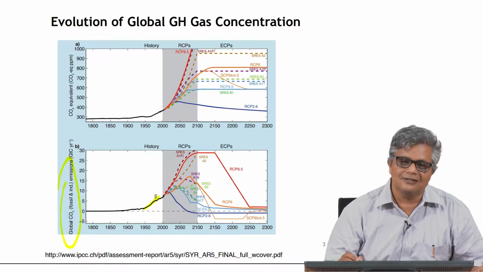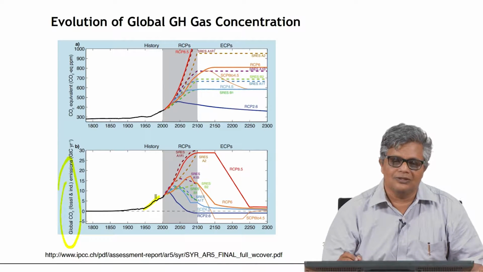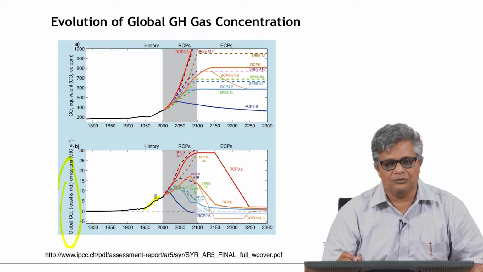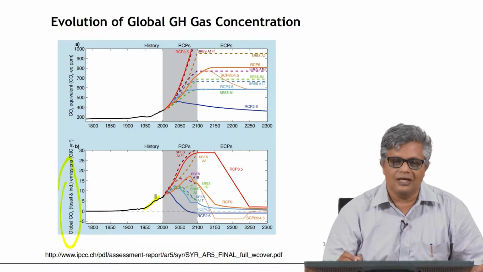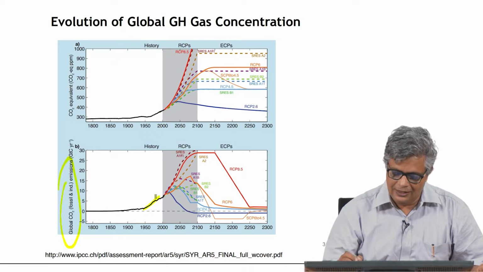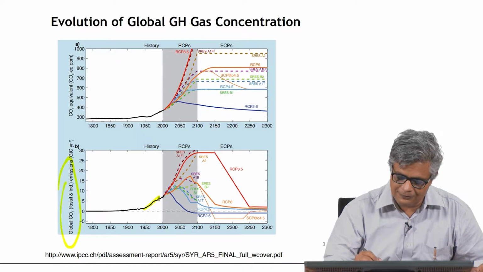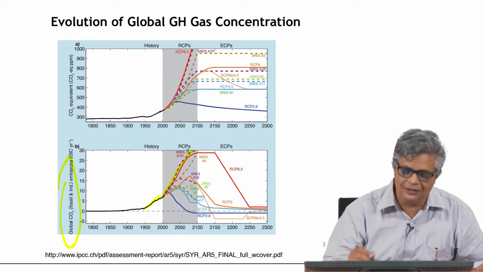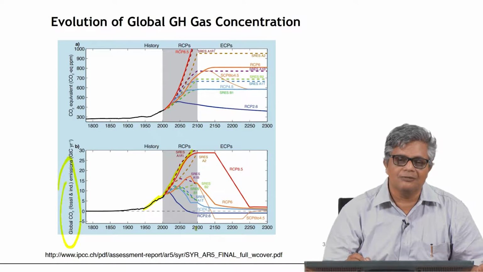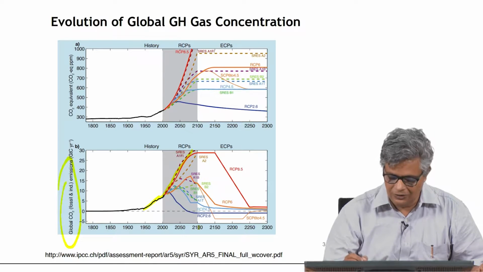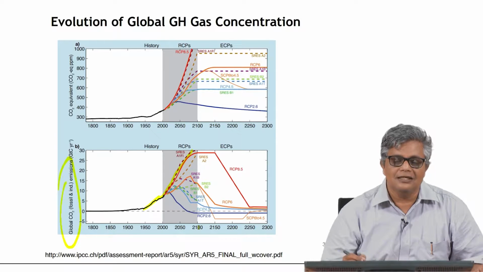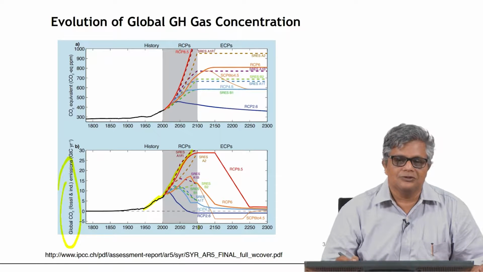Since this trend is expected to continue because of a number of socio-economic factors related to energy use, if we allow it to increase like this, then you can have trebling of carbon dioxide concentration within the next 100 years.